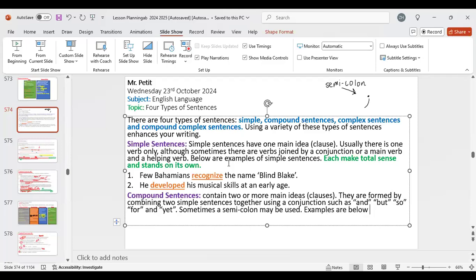Example number 1: At first, Blind Blake played the ukulele, but he later mastered just about every string instrument.